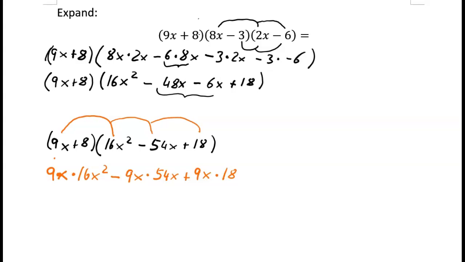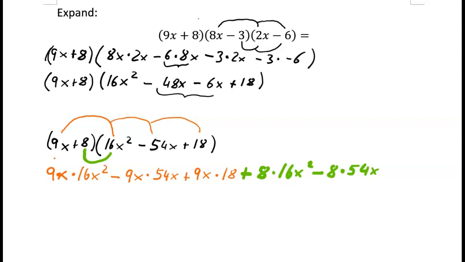And now we can do the second part. So we've got plus 8 times 16x squared, minus 8 times 54x.